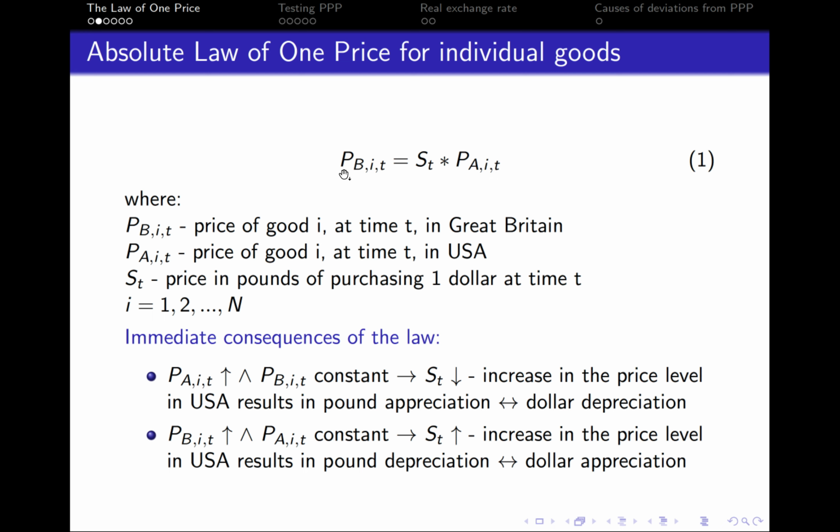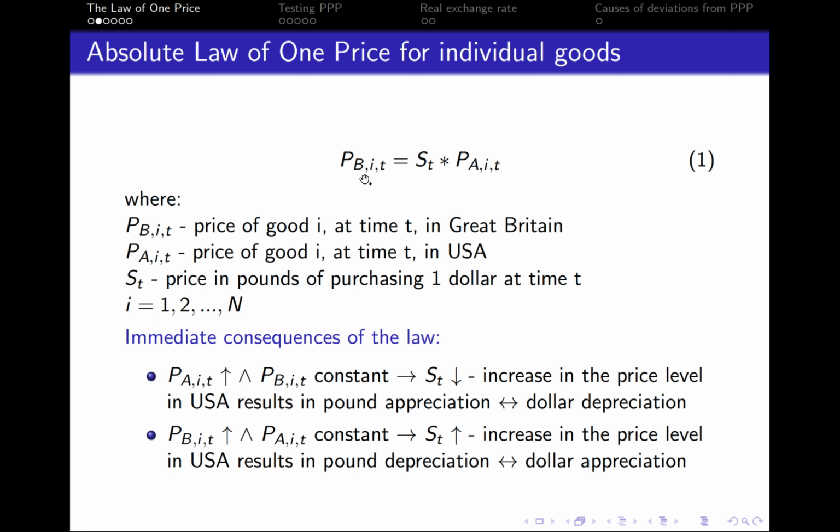So, price of good i in Great Britain, B denotes Great Britain, at time t should be exactly the same as price of the same good i in the United States, denoted by A, America, at time t. Okay, but look, we are assuming that there are i different goods in the economy, and we are now considering each one of them separately.